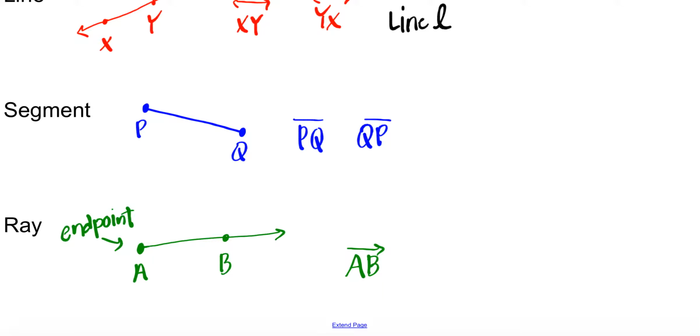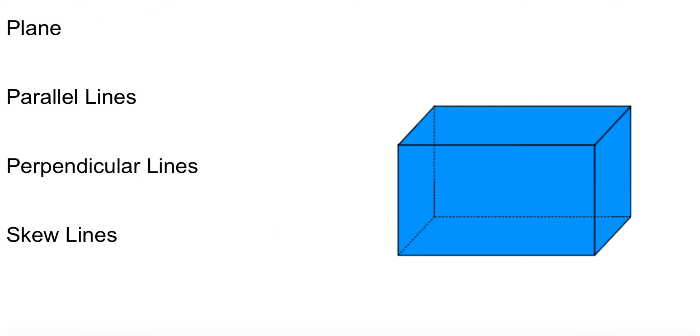Now, some three-dimensional type things. They don't have to be three-dimensional, but we're going to use a 3D figure to look at them. A plane. Well, let's see. We can use this symbol, almost like a parallelogram type symbol, to represent a plane. And you need 3 non-collinear points to name a plane.